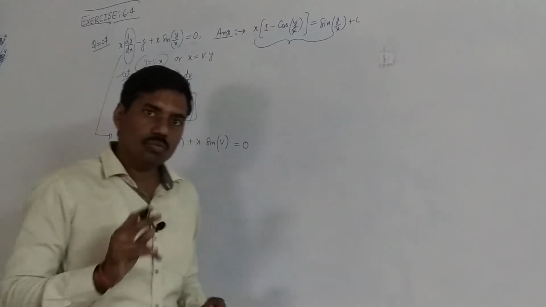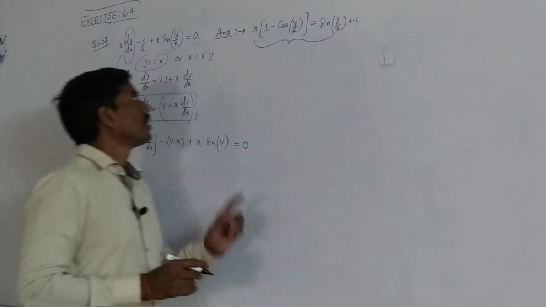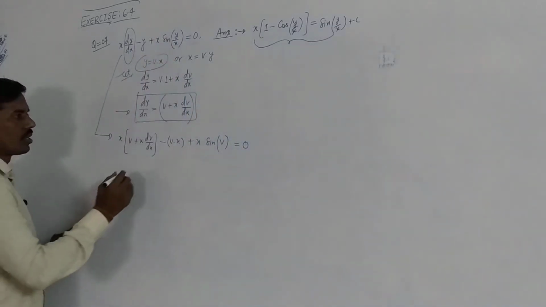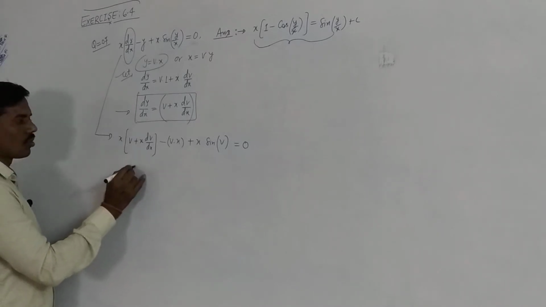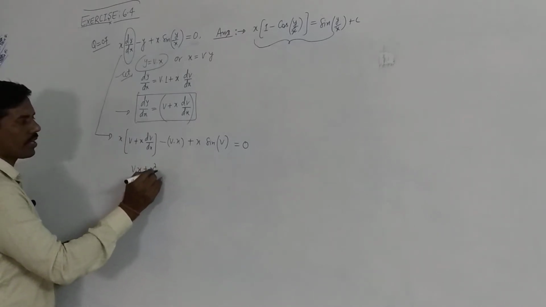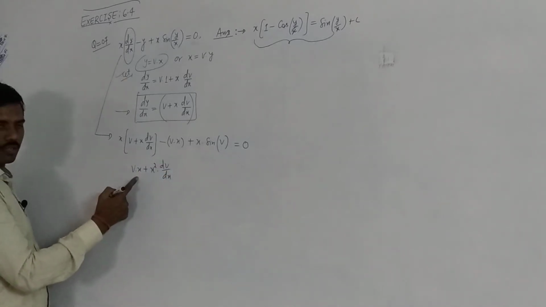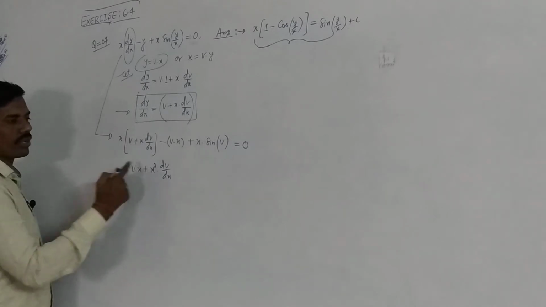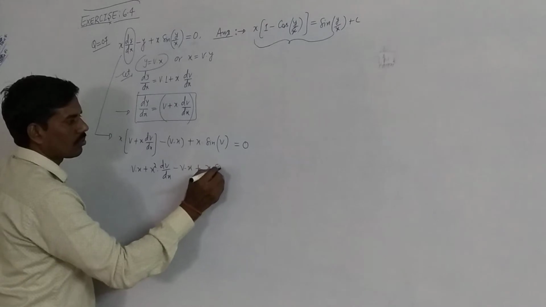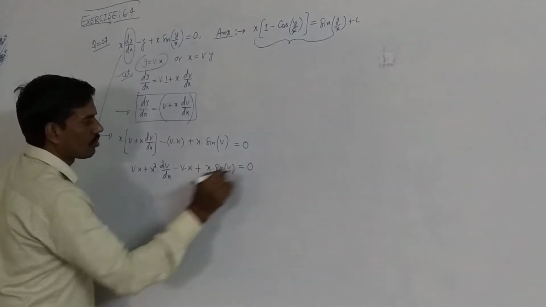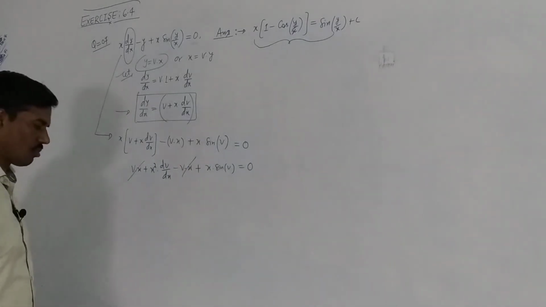Okay, since y is equal to vx, then y by x is equal to v. So on opening this bracket we have v into x plus x square into dv by dx, minus v into x plus x into sine of v is equal to 0. v into x gets cancelled with each other.